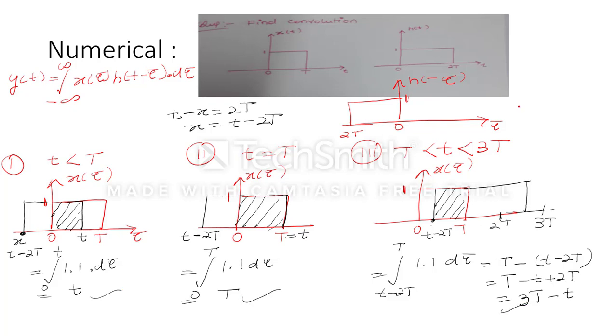So the total answer will be the addition of all three: small t plus capital T plus 3T minus t. We will see that t and minus t will cancel out. So the final answer will be 4T only. This is your convolution result.